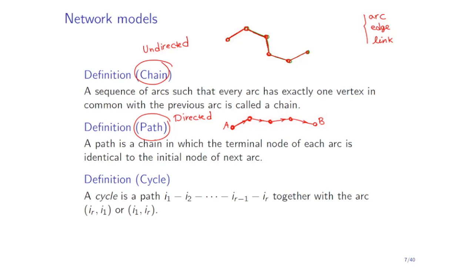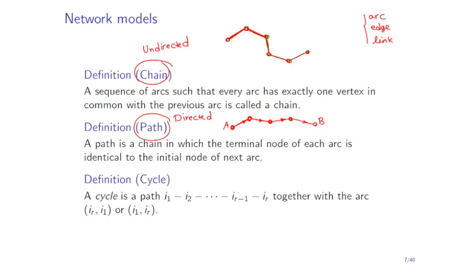More formally, a path is a chain. Of course, it is a chain because in the definition of a chain we didn't talk about direction. We just said that it is a sequence of edges. Every edge has exactly one vertex in common with the previous edge. Okay, in here, in addition to that, we also include the directions in the definition.